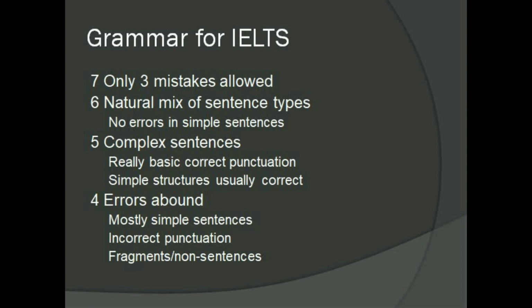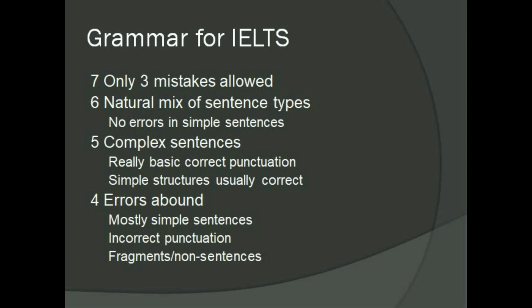That's just one independent clause. The punctuation will usually be incorrect, and there are going to be a lot of fragments which are non-sentences. We'll look at that in a moment. For a band 5 score, you'll start getting more complex sentences, and the most basic sentences will generally be correct in a grammatical sense, especially the simple sentences.